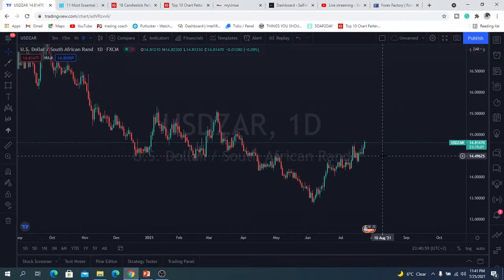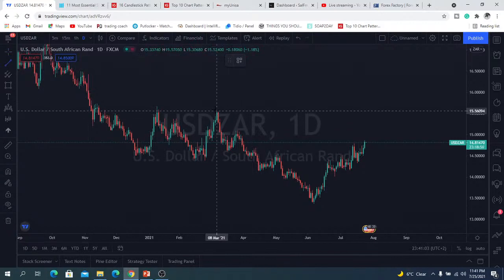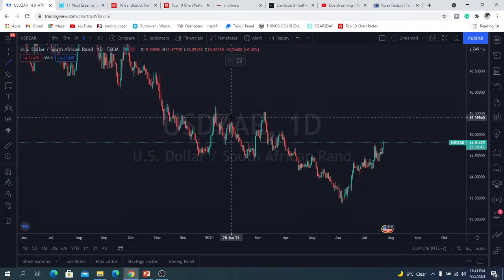Okay, how we analyze here at SelfMFX Traders is that we start on a daily time frame. Obviously, on a daily time frame, we are going to look for the long-term trend. And currently, right here, we have USD ZAR.